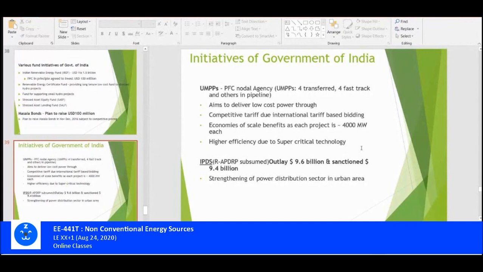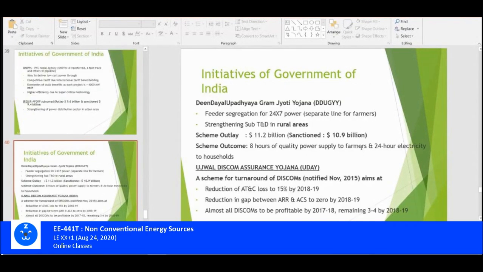IPDS outlay of 9.6 billion for strengthening of power distribution sector in urban areas. Now you know that the state of distribution sector plays a very important role in reducing the T&D losses or the theft. All kinds of inefficiencies occur on account of the poor distribution management. So a lot of money has been invested by government as per the World Bank initiative.